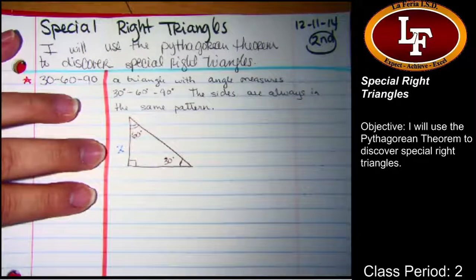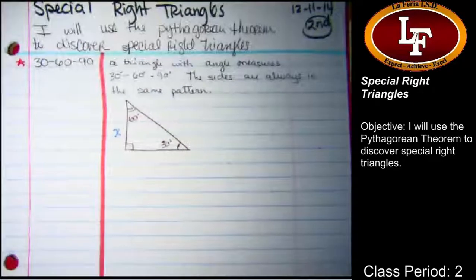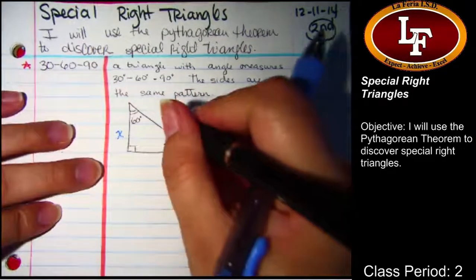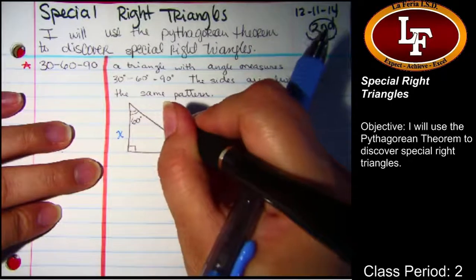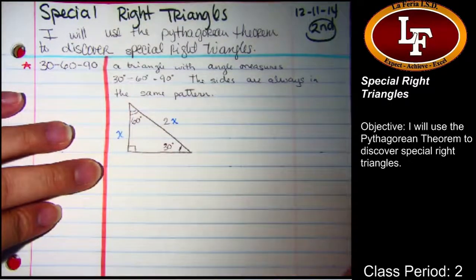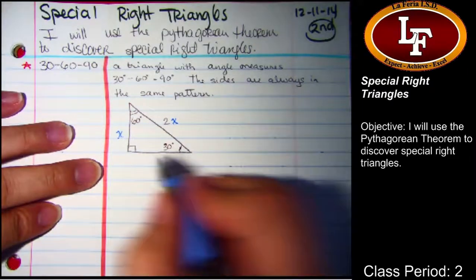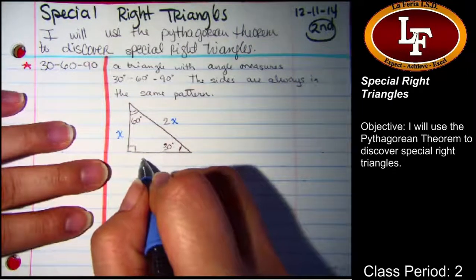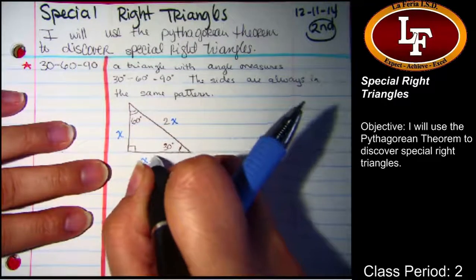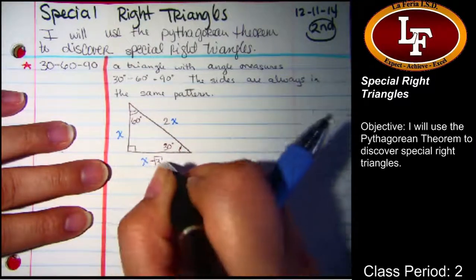Okay? So it's going to be the one that everything else depends on. The hypotenuse is going to be 2 times whatever that number is. And the side across from the 60 is going to be that number times the square root of 3.